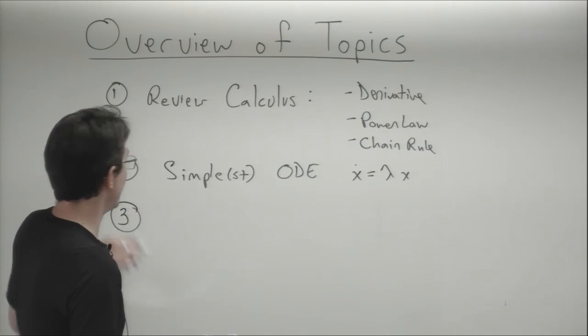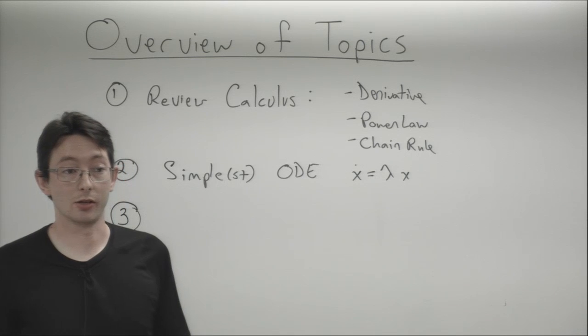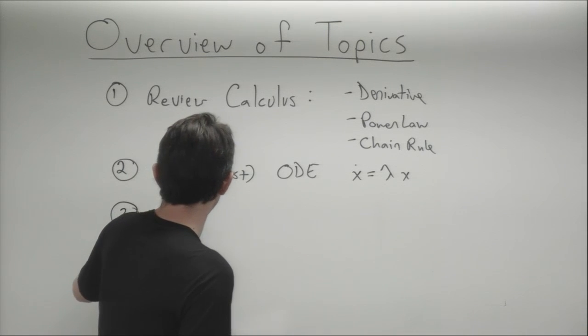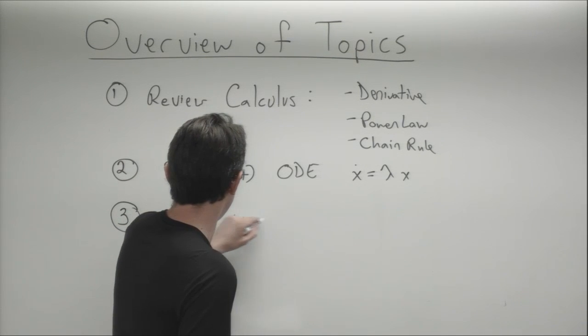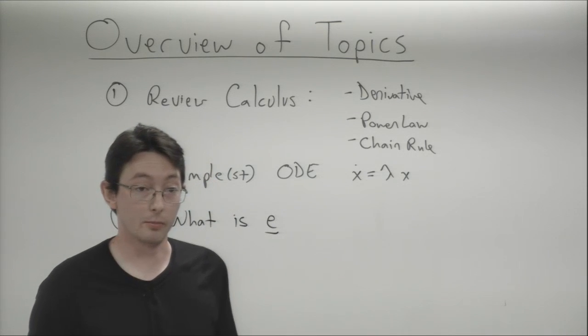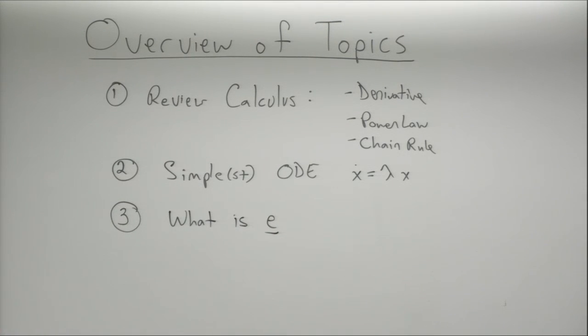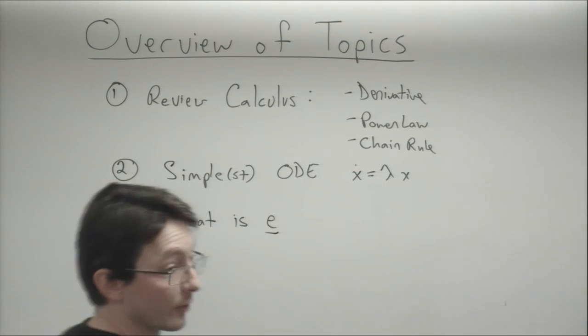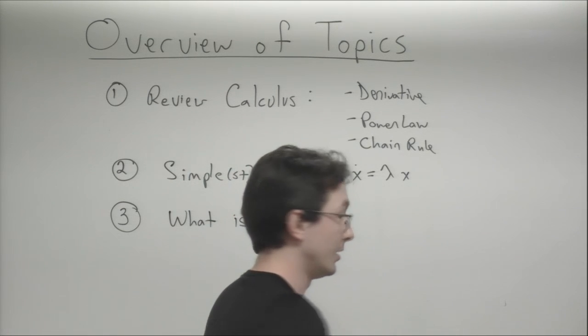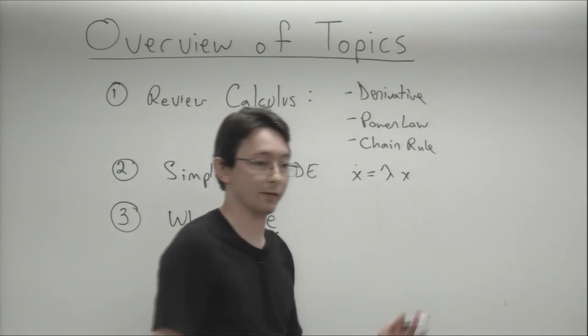We're going to talk a little bit more about what the exponential e is. This might sound really simple, but it is extremely important. All of these concepts are going to be extremely familiar by the end of this class. We're going to be using these every day as if we're adding numbers.